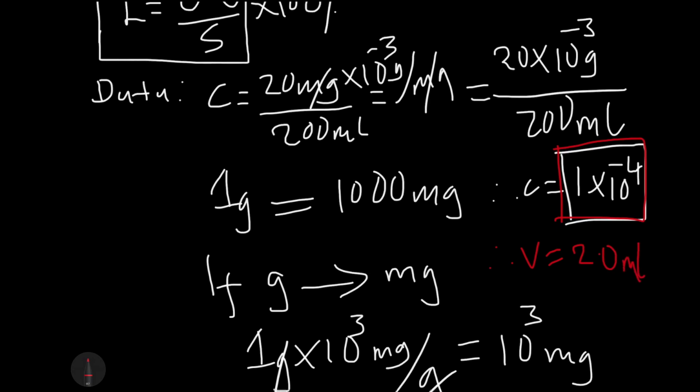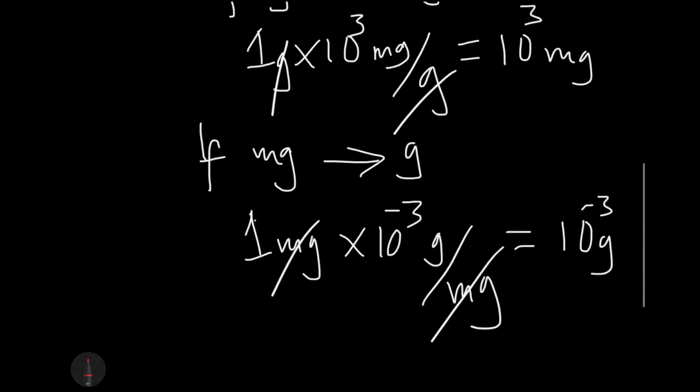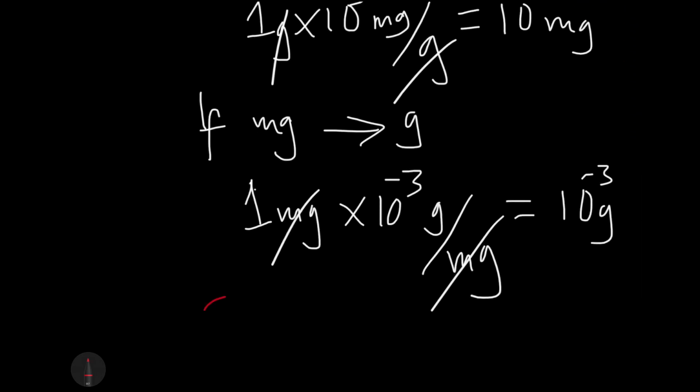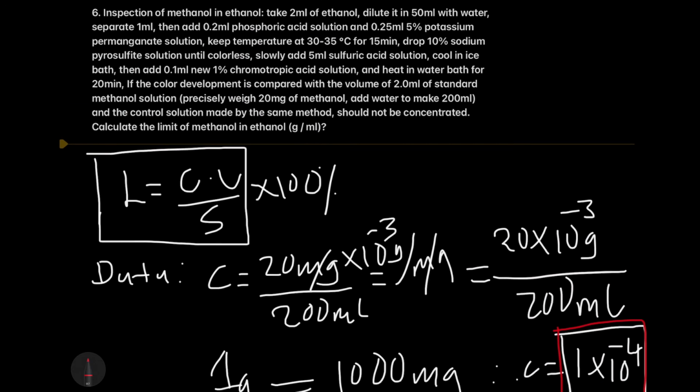Okay, so let's now calculate the amount of substance or drug we are testing, which is S. From the question, as we can see, this question is similar to question 1, which we looked at. Out of these 2 milliliters of ethanol, it was completely dissolved in 50 milliliters of water.